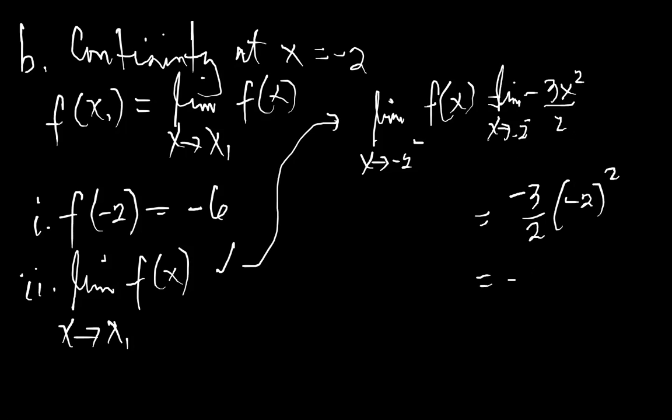This is 4, so -6. That's the limit of f of x as x approaches -2 from the left. All right, so it exists. And we need to check if the limit from the right exists, and at the same time, if it's equal to -6. So let's work on the next slide.